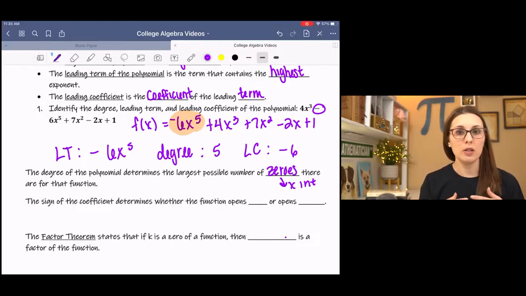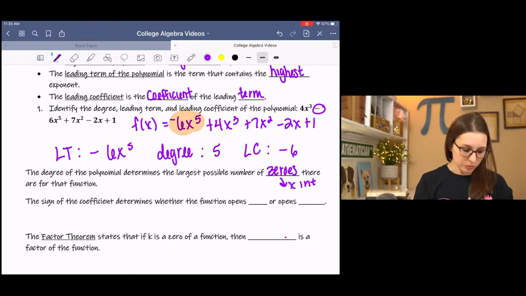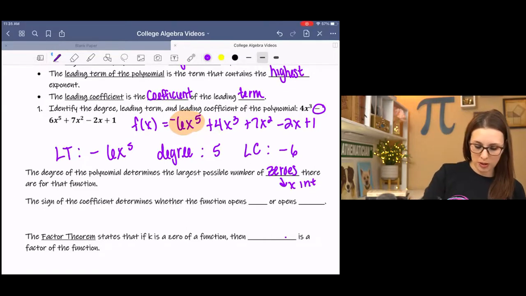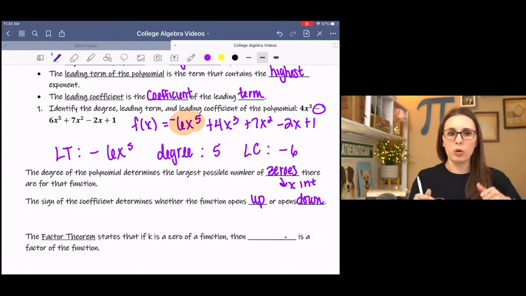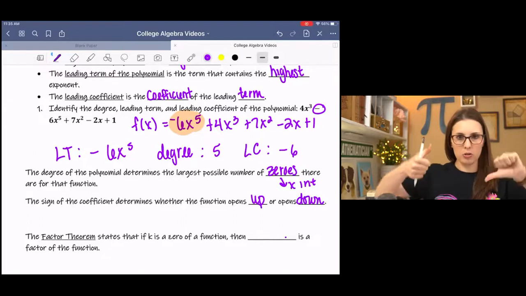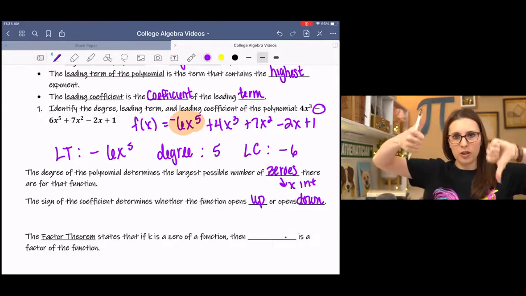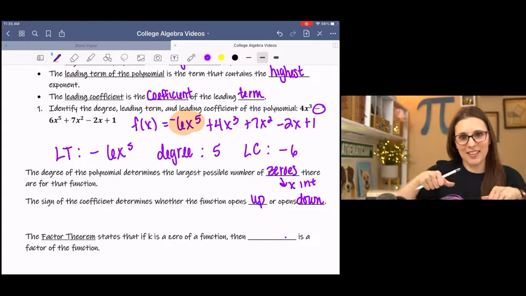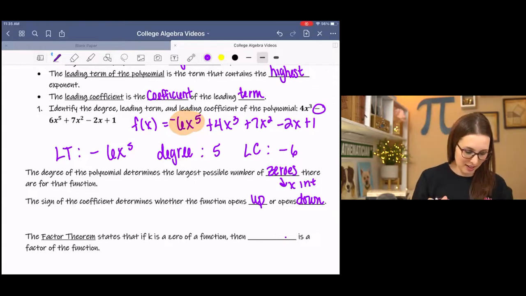So it doesn't necessarily give us exactly how many, but it gives us the largest possible number. And then the sign of the coefficient determines whether the function opens up or down, or sometimes the function goes in opposite directions. So it's going to tell you what it looks like, basically.